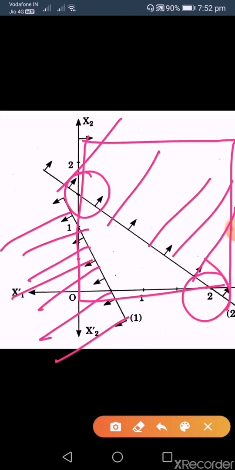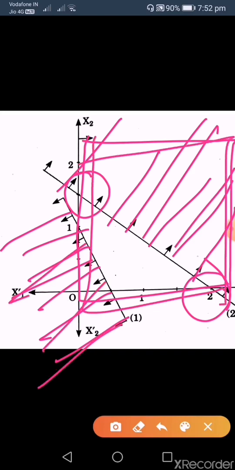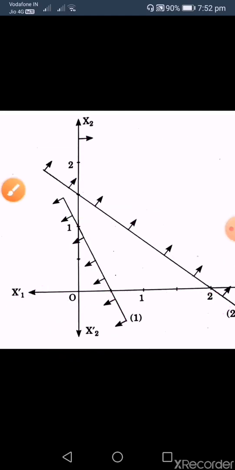So here we are getting no feasible solution because there is no common portion between these, between that and the full first quadrant. So as there is no feasible region, we will not get any solution.